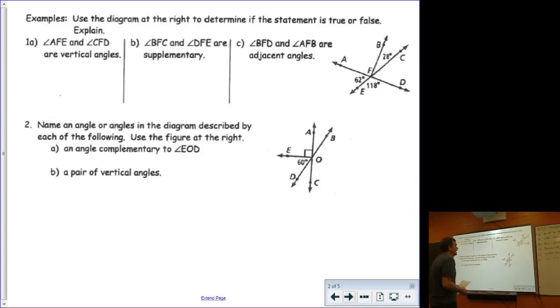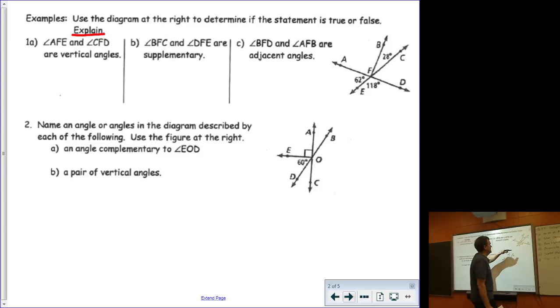All right, so we are going to use the diagram at the right to determine if the statement is true or false. You might want to stop the video and see if you can do these on your own first, but you can also just watch as I do it. So it says, let's see, use the diagram at the right to determine if the statement is true or false. Explain.